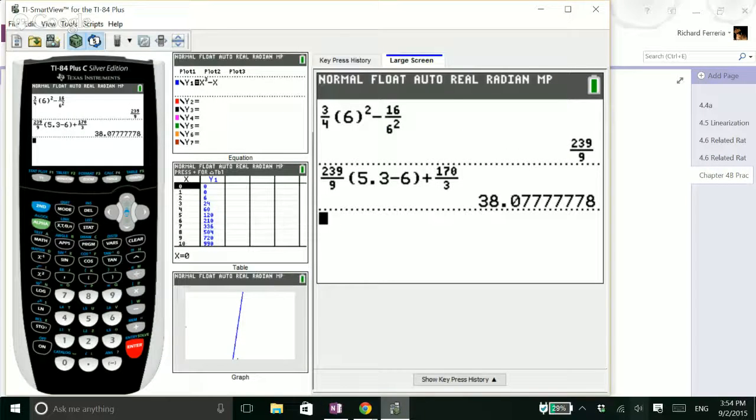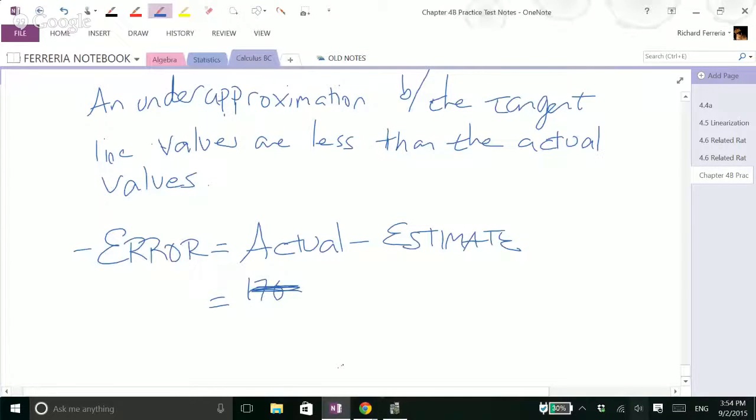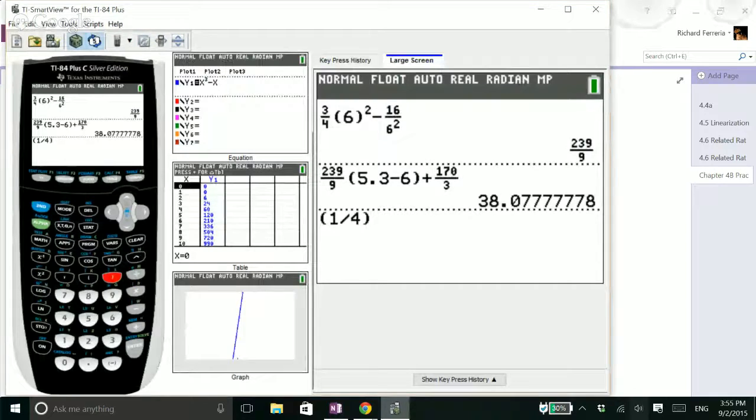Is that 1/4? Yeah. Okay. 170 over what? Not 6, 5.3. That's 1/4 of t squared, right? T or t cubed.